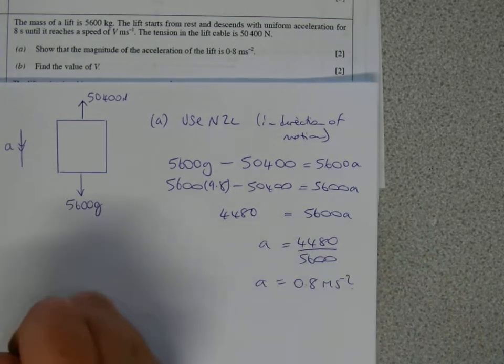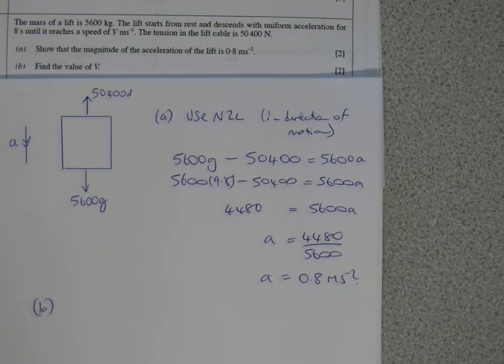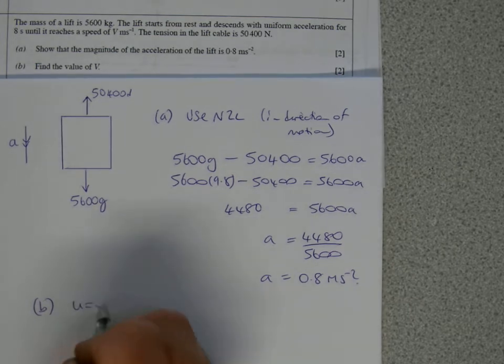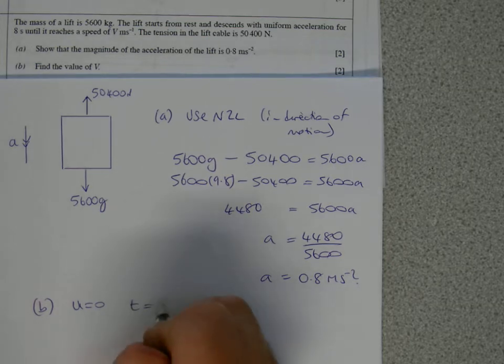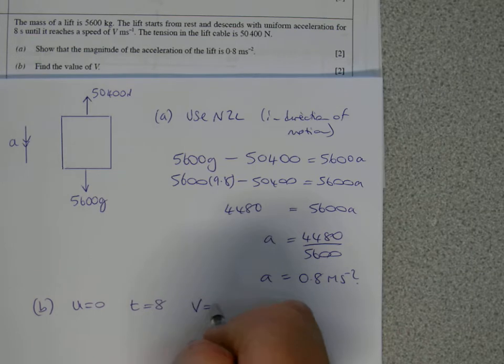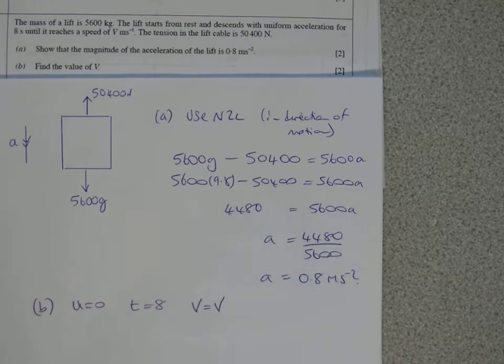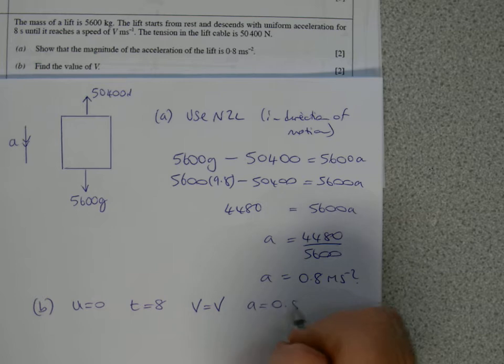So now we turn this into equations of motion, right? Because we know we start from rest, so u is 0, the initial velocity. It takes a time of 8 seconds until we get to this speed of v, and we know the acceleration now is 0.8.